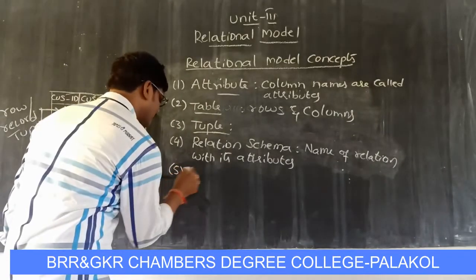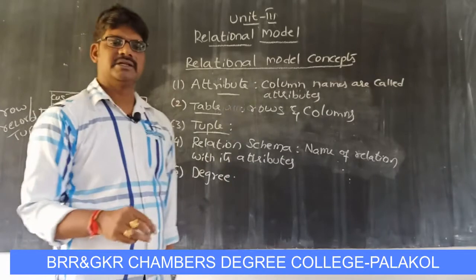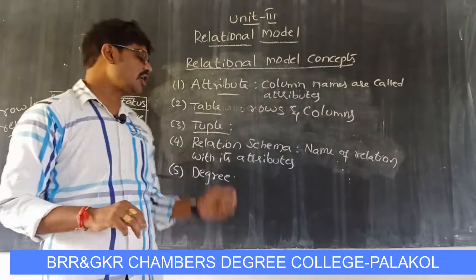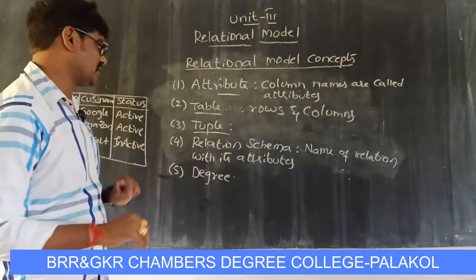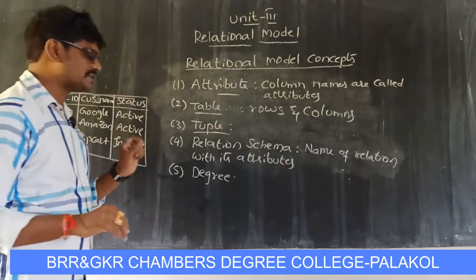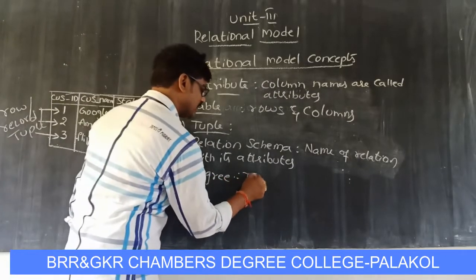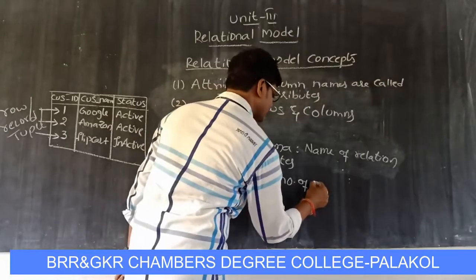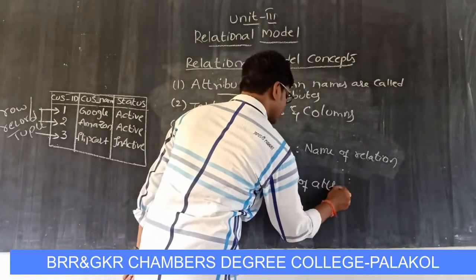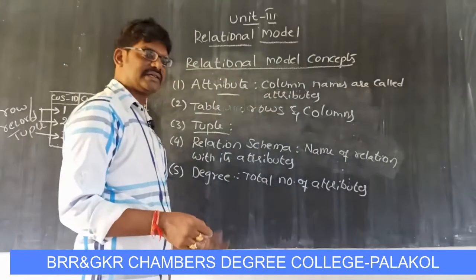Next one, degree. What is degree? The total number of attributes in a relation or table, we call it the degree.